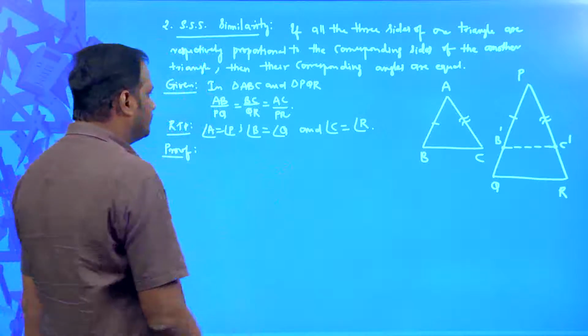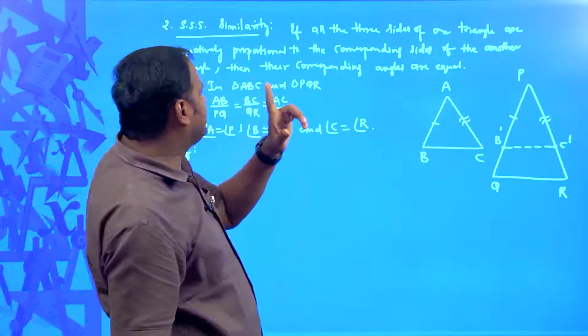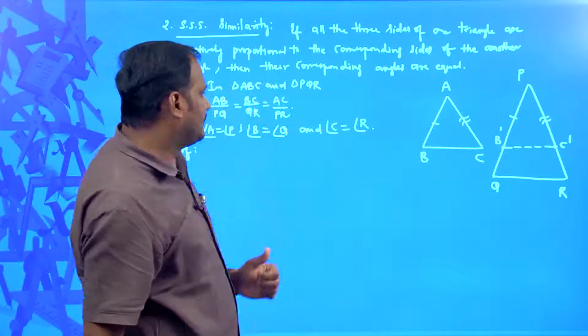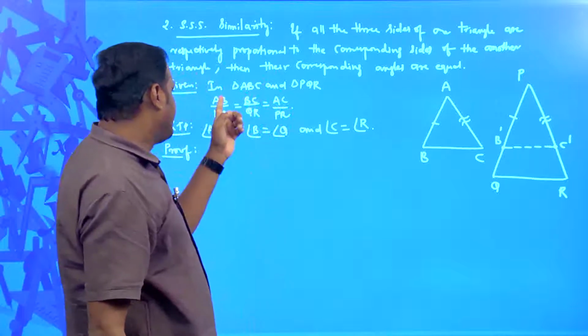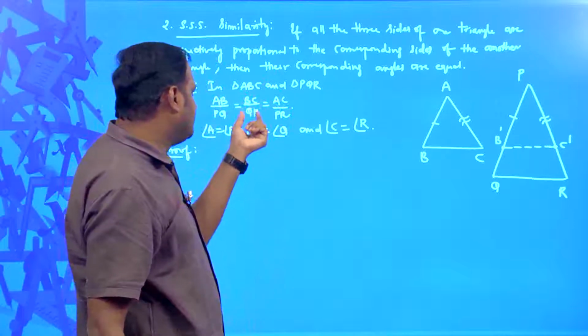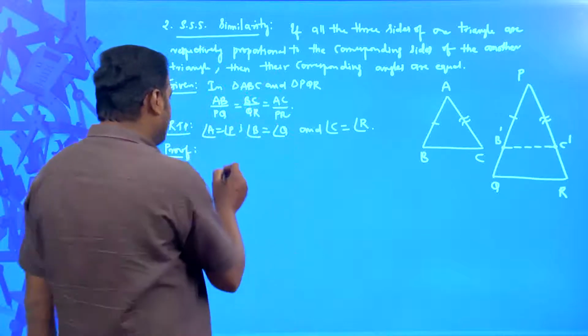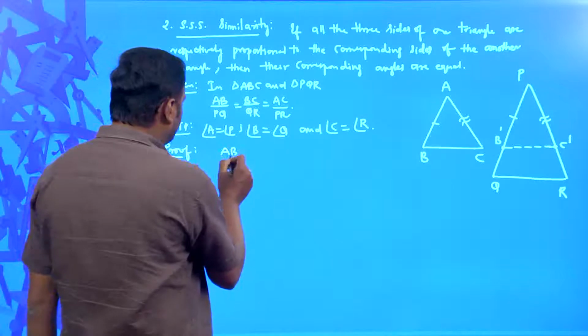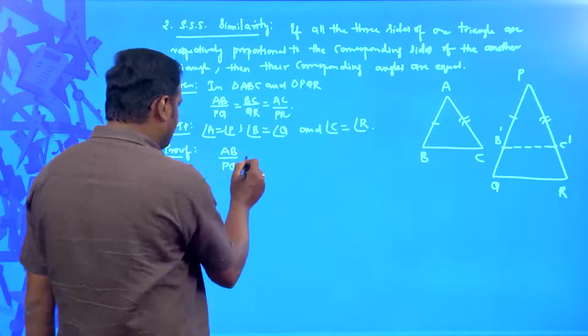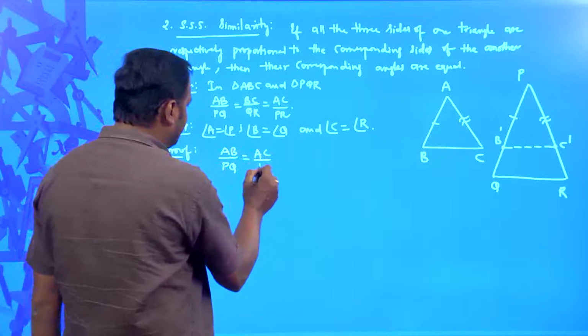So in order to prove that, first let me consider the information given in the problem. What is the information given here? AB by PQ is equal to BC by QR is equal to AC by PR. I will take that AB by PQ, it was given, is equal to AC by PR.